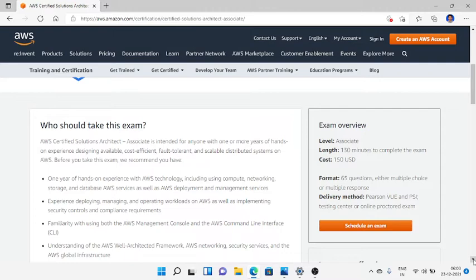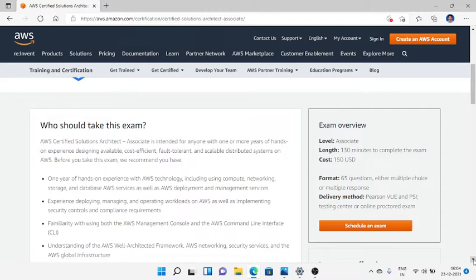So the correct 2 or 3 answers should be identified as per the question's declaration. The method is Pearson VUE testing centers or online proctored exam. That means you can write from your home, your organization or your college, where you will be observed through the webcam. Whereas Pearson VUE centers are there, where you can go to the Pearson center near you and write the exam.